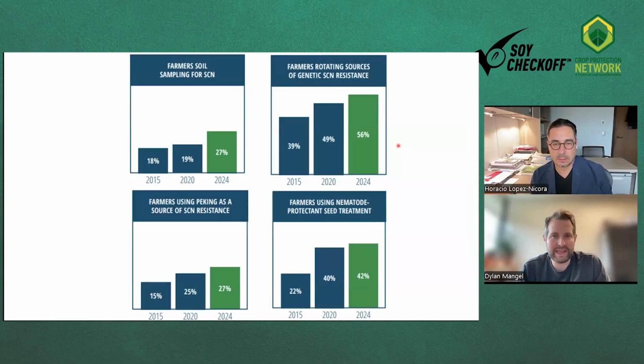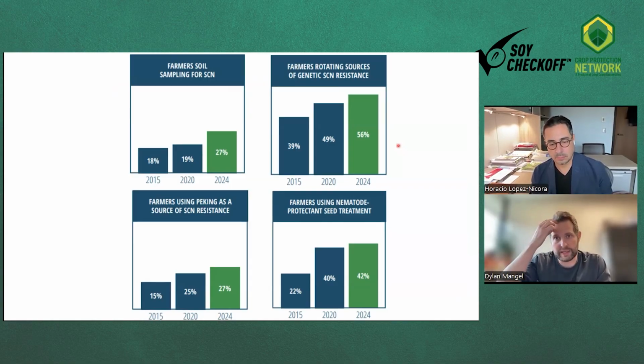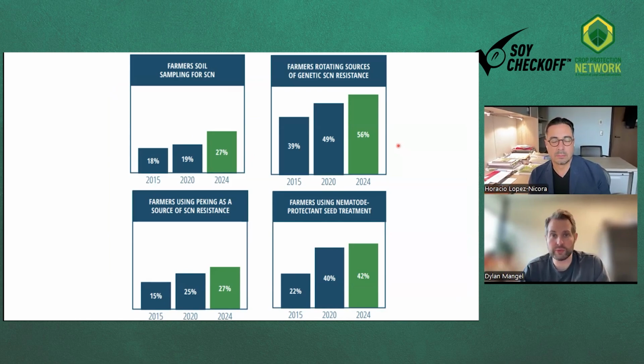In the early 2010s is when we noticed that 88788 was becoming less effective, and the SCN Coalition started to build awareness of this. In the last 10 years, we've seen large increases in the number of farmers soil sampling for SCN. We've seen changes in how many have been rotating sources of resistance, and then how many have been using Peking as a resistance source as well.